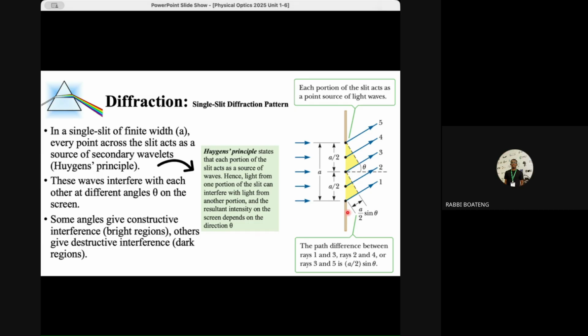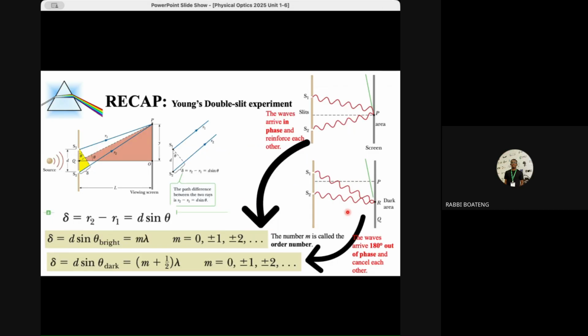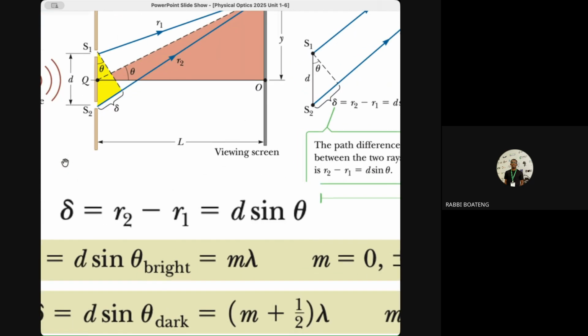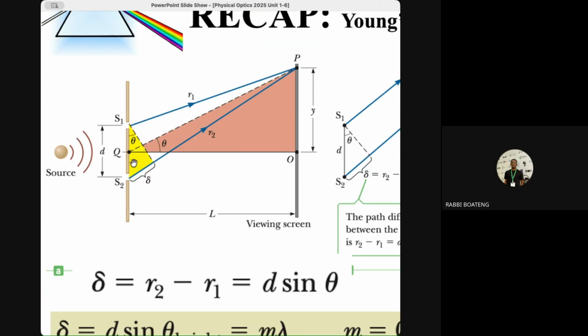Okay. So let's go back a little. When you look at this chart, this is from Thomas Young, and he said that if we have 2 openings, that is slit 1 and slit 2, they have 2 apertures, and the distance between the 2 of them is D. And for the first slit, the first ray that exits is R1, and for the second slit, the second ray that exits is R2.